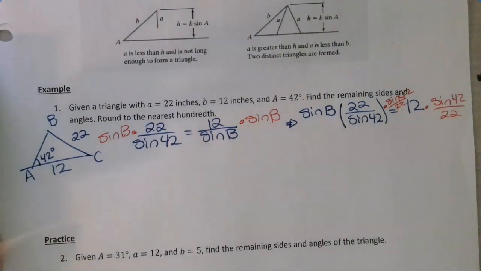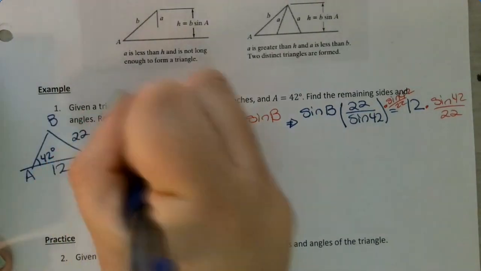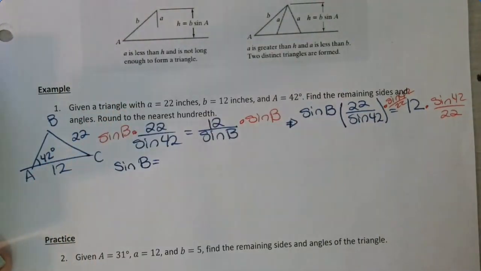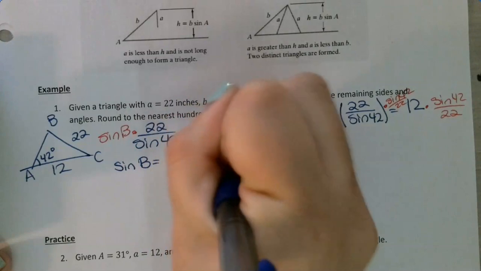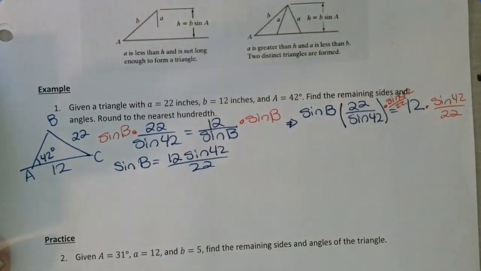Okay, then I'm just going to rewrite what I have. Okay, how do I get rid of sine?